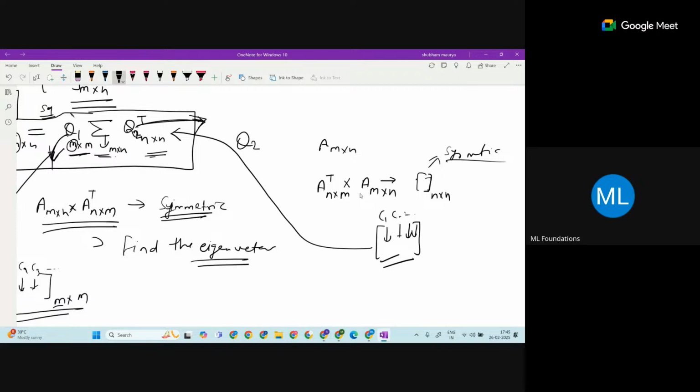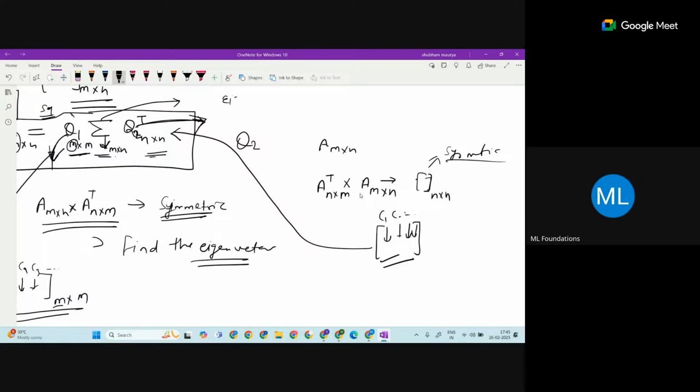Now the question is, what about the sigma? What is going to be sigma? Sigma you can get by finding the eigenvalues.